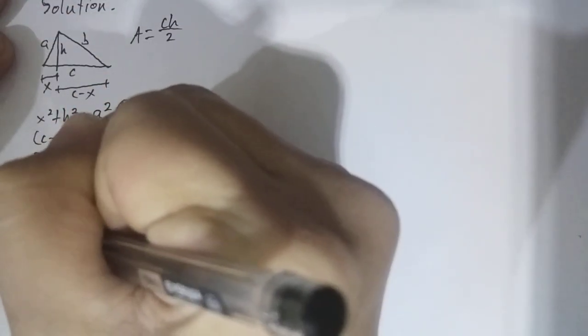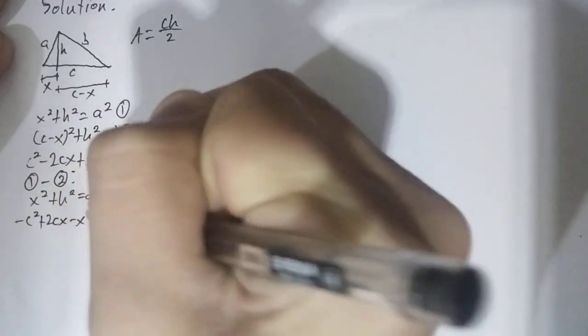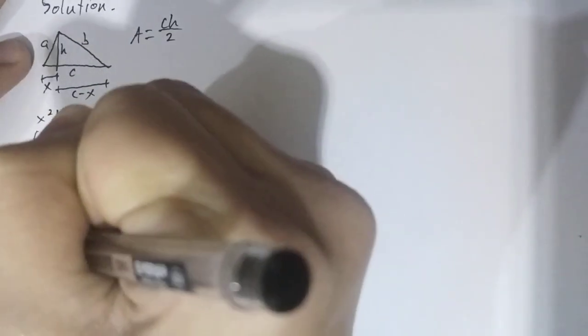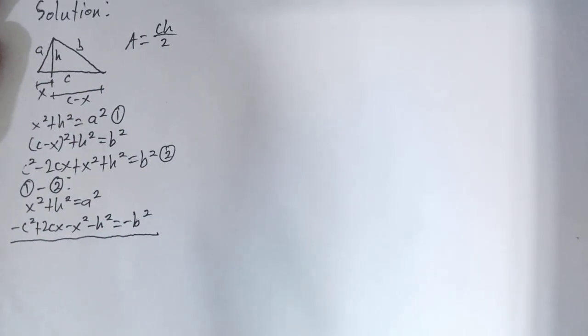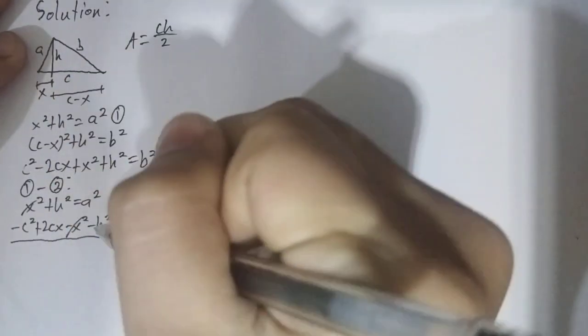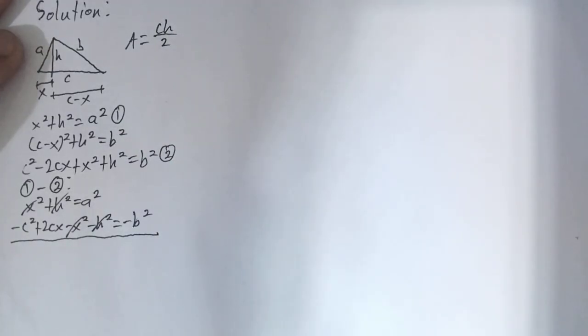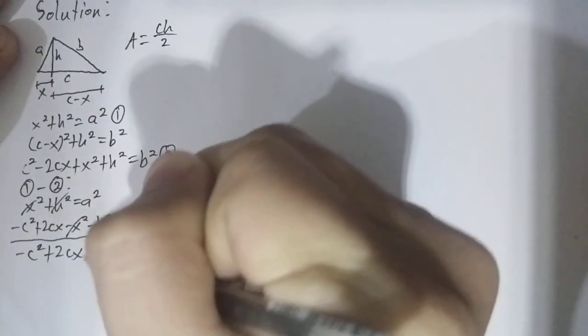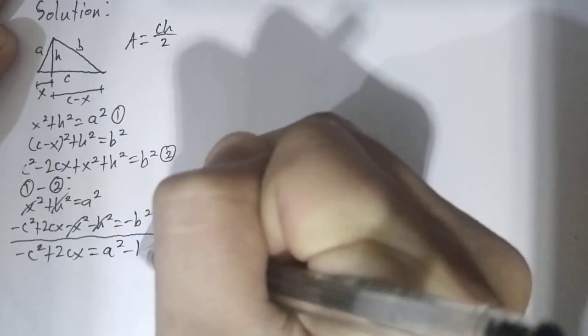So this will become negative c squared plus 2cx minus x squared minus h squared is equal to negative b squared, correct? Now, evaluating this, we can see that the x squared will cancel out, the h squared will cancel out, and this would leave us with negative c squared plus 2cx is equal to a squared minus b squared.